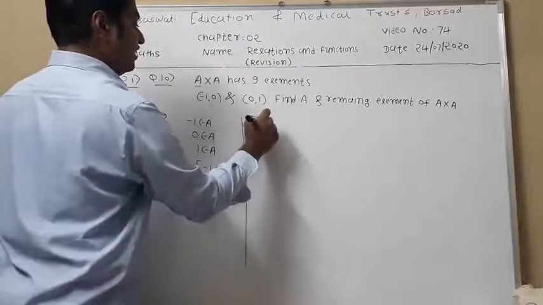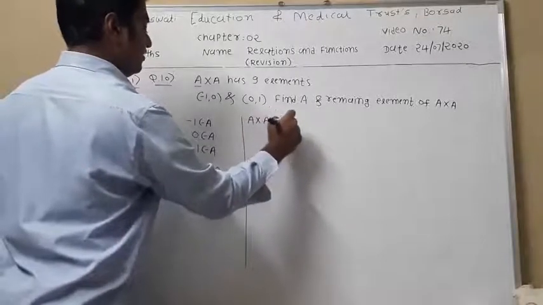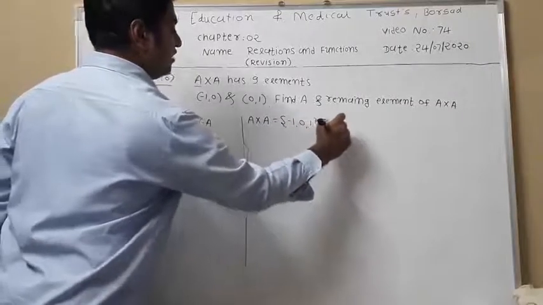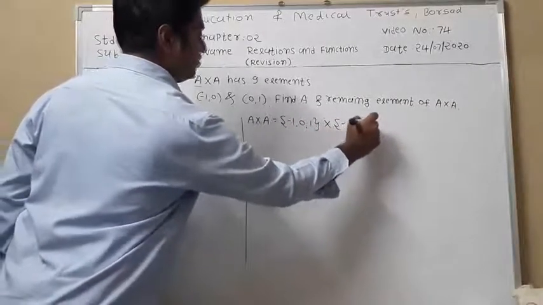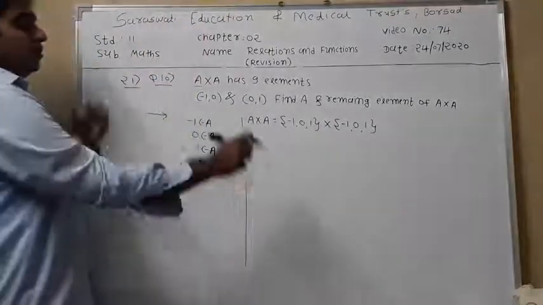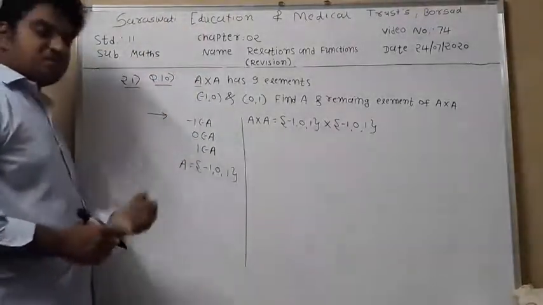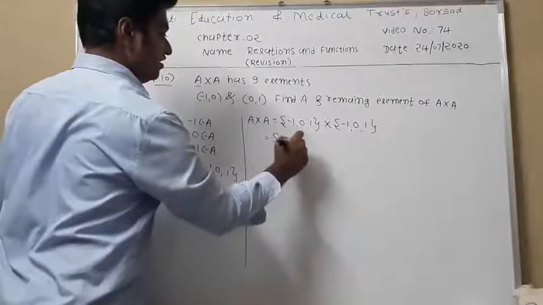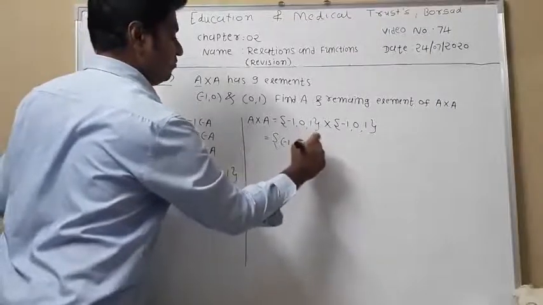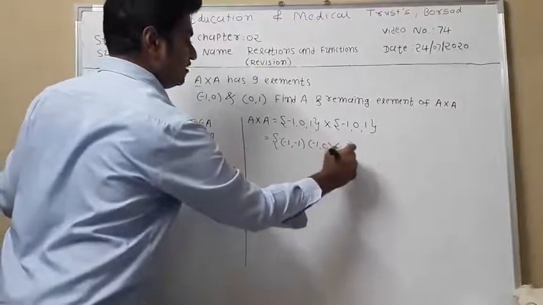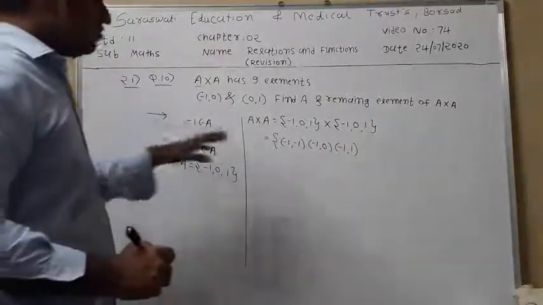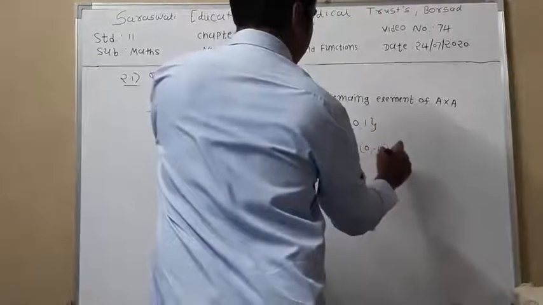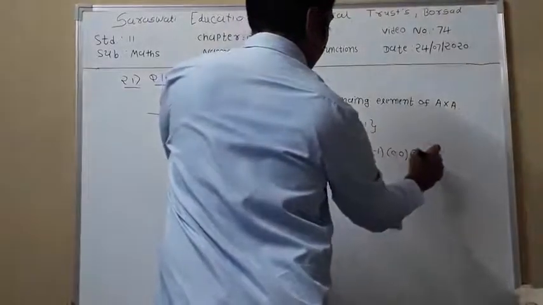Now A Cartesian product A means {-1, 0, 1} Cartesian product {-1, 0, 1}. Now apply cross multiplication. So it is equal to the set {(-1,-1), (-1,0), (-1,1)}. In the second row, (0,-1), (0,0), (0,1).